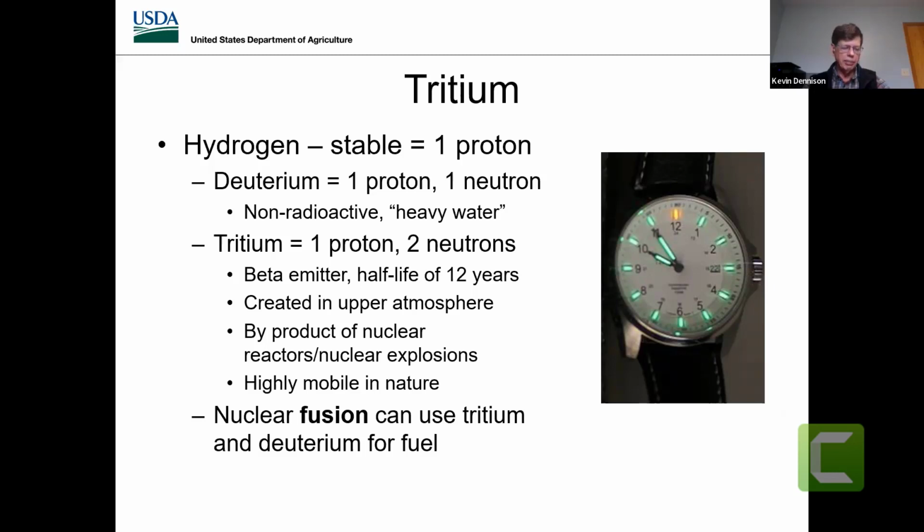It's created by ionizing radiation interacting with water in the upper atmosphere. In other words, neutrons from space get absorbed into water in the air. It's got a lot of industrial uses, such as in watch dials and tritium gun sights, and it's highly mobile in nature.